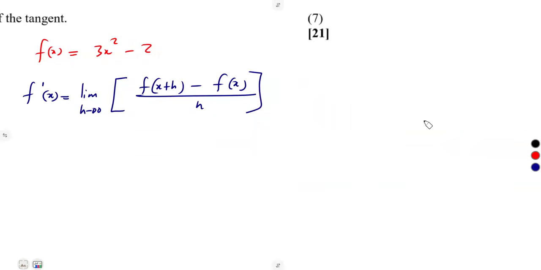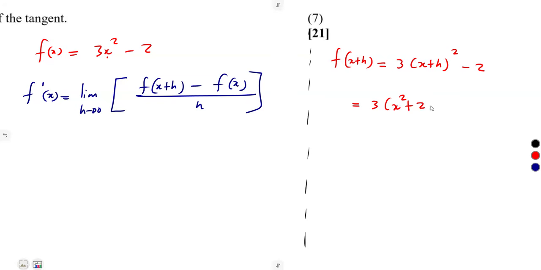All right, so let us determine f of x plus h from our f of x. F of x plus h here is going to be given as, in place of x, we're going to put x plus h there. So it's 3 into x plus h squared minus 2. All right, remember on the introduction, guys, I've talked about expansion of this, which is going to give us x squared plus 2xh plus what?